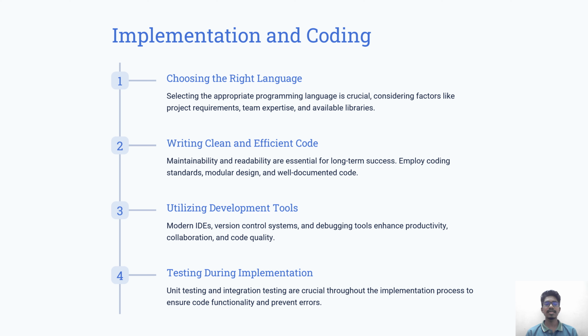Employ coding standards, modular design, and well-documented code. Utilizing development tools. The modern IDEs, version control systems, and debugging tools enhance productivity, collaboration, and code quality. Testing during implementation. Unit testing and integration testing are crucial throughout the implementation process to ensure code functionality and prevent errors.